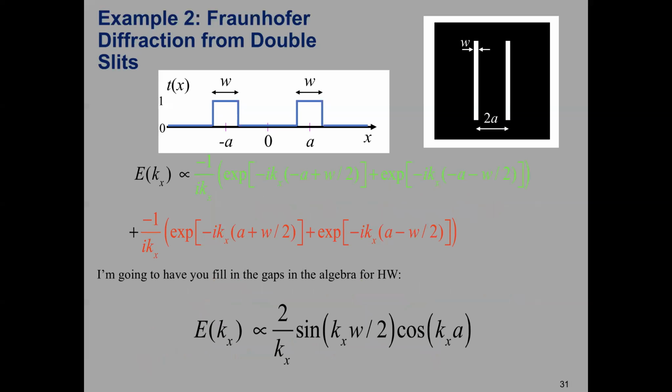I'm going to have you show in the algebra that using those complex exponent and trig function identities, you can rewrite this function like so, and show that our electric field as a function of wave vector has this form.